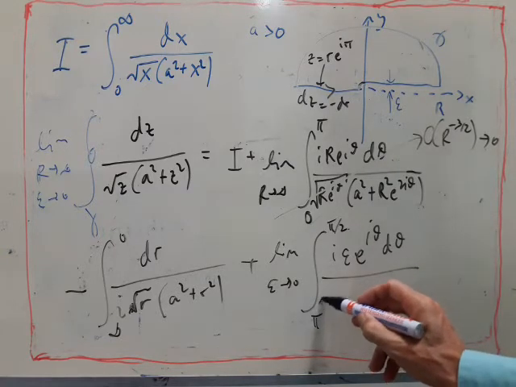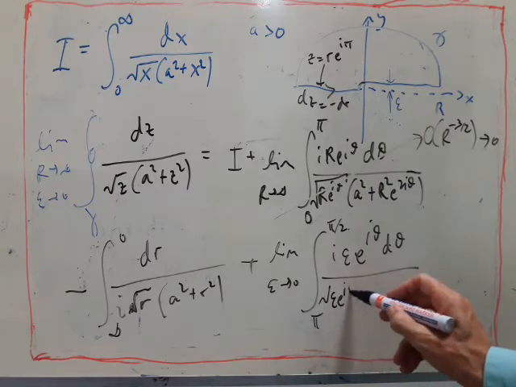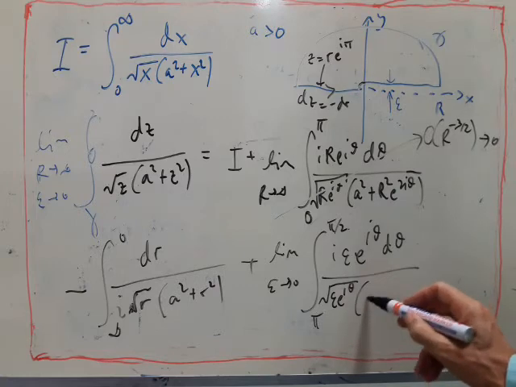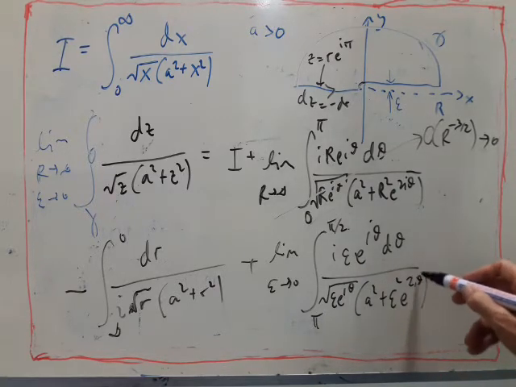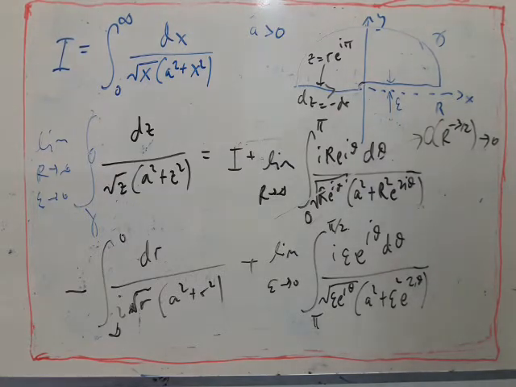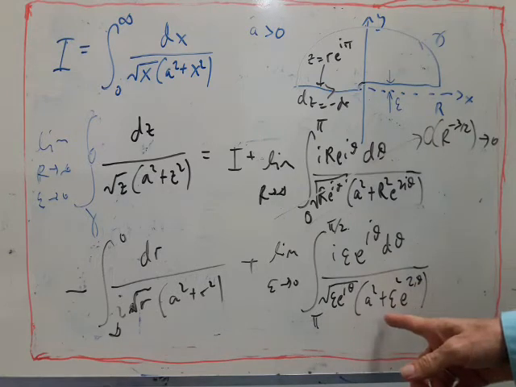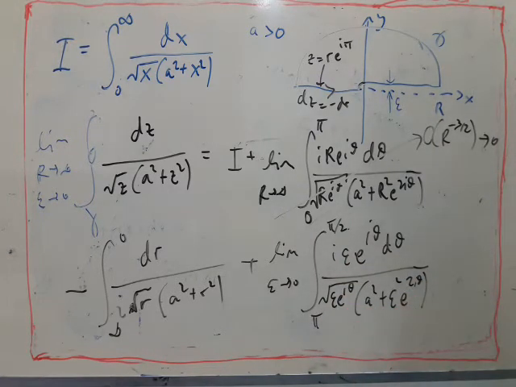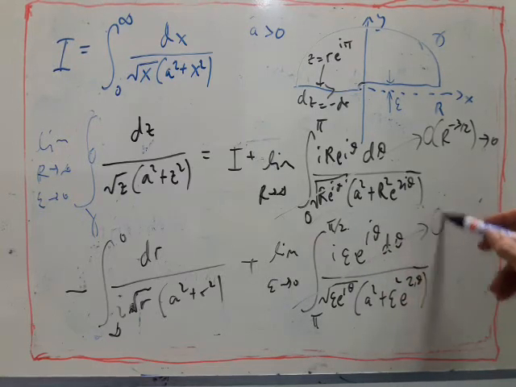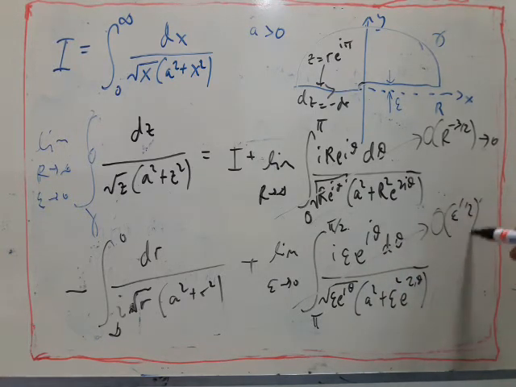So this gives me root epsilon e to the I theta, and a squared plus epsilon squared e to the 2I theta. Okay, so as epsilon goes to 0, we've got no problem with this. We just end up with epsilon divided by root epsilon, which gives us something of order epsilon to the half, which does indeed go to 0 as epsilon goes to 0.